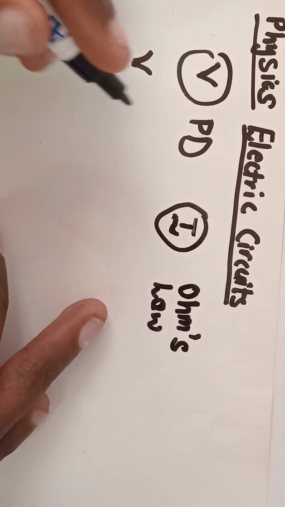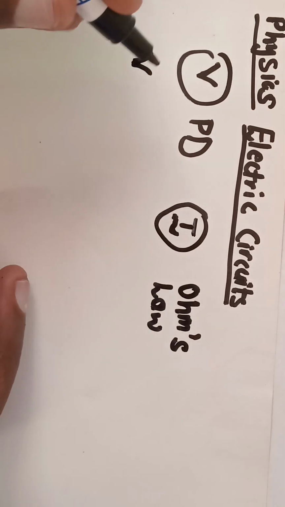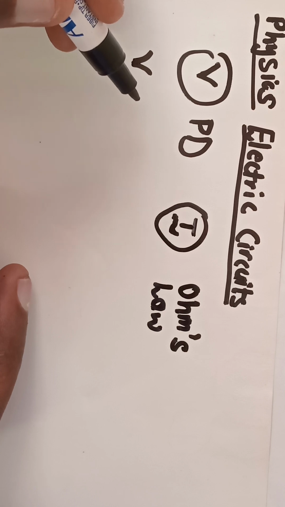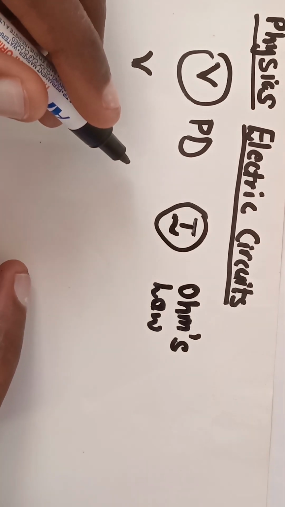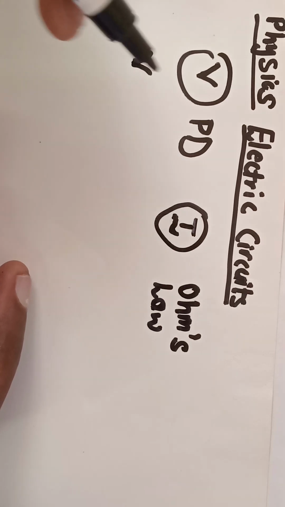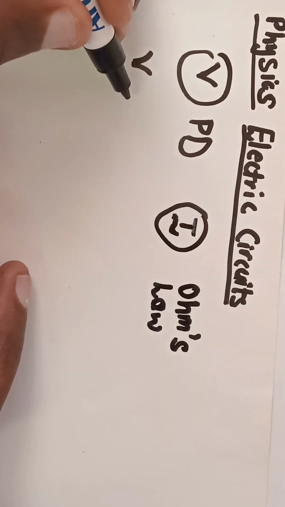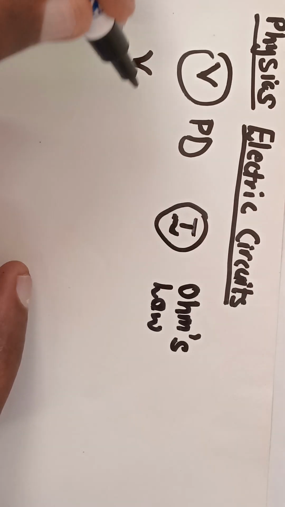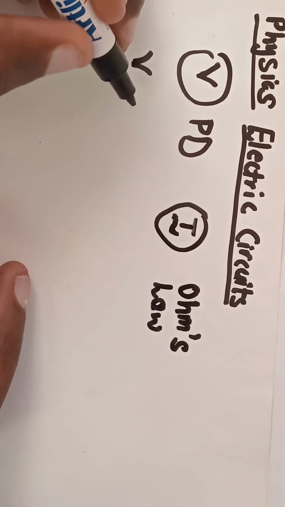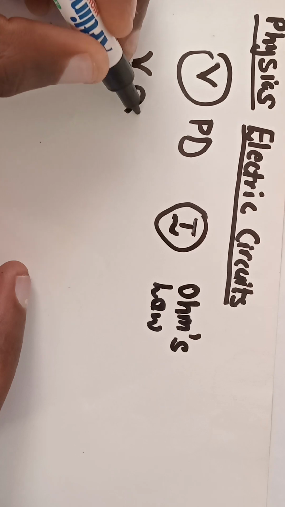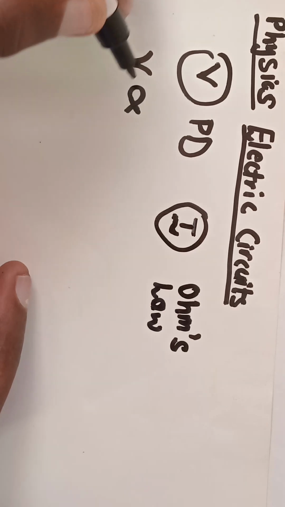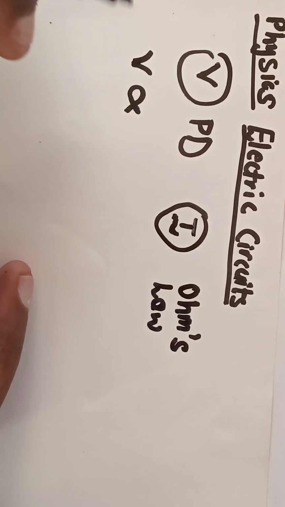So mind you, we know the symbol for proportionality. When they say it's directly proportional, we're gonna use a symbol that looks like alpha, but it's not.